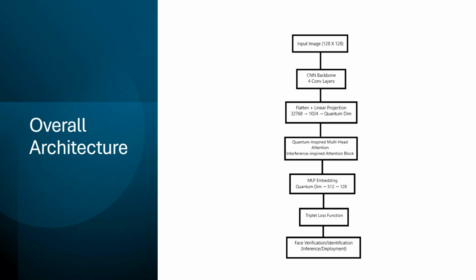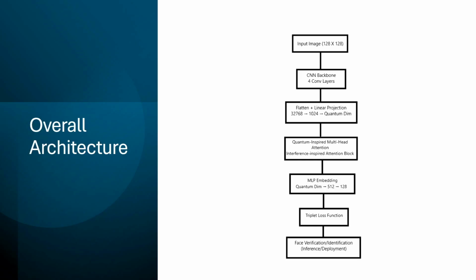So here's the overall architecture. Now I know it's very blurry, so I'll break things out. We get our input image, then we have our CNN backbone, which has 4 convolutional layers. This is the layer where you're trying to get as many features as you can. Then you pass it through a funnel or filter layer, which takes your 32K size vector into a 16-dimensional vector.